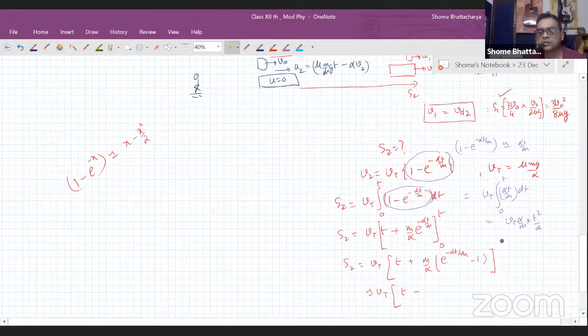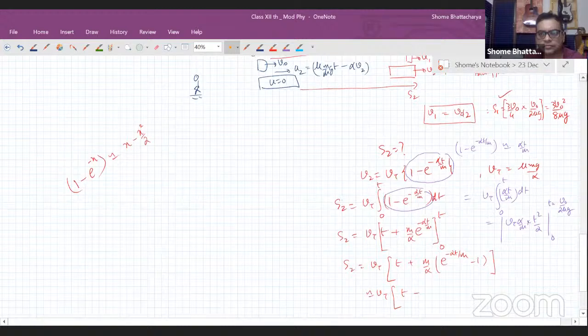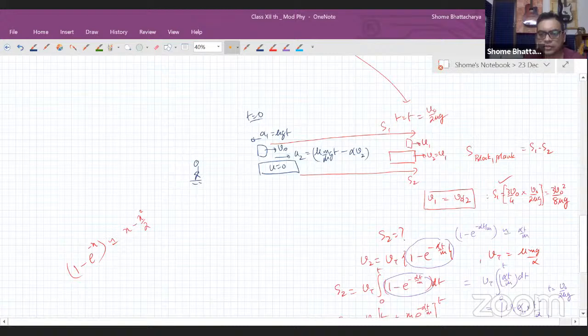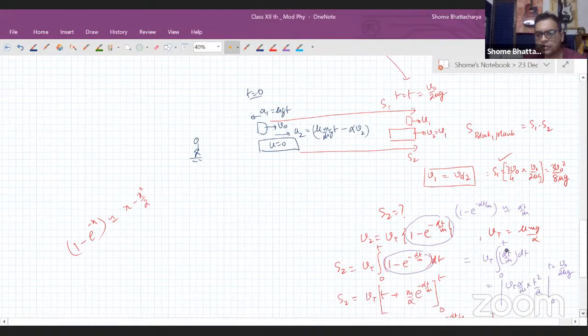So this thing, instead of this, it just becomes, yeah. Now that time was equal to how much was it? V naught by 2 mu g, right? So we'll substitute that later. So our VT, V terminal, was this term mu mg by alpha.